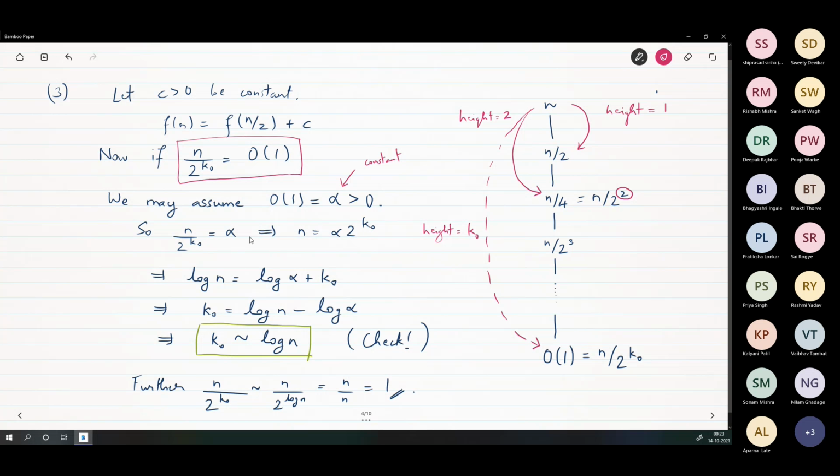So log n is log alpha plus k naught times log 2 to the base 2, which is equal to 1. We are working with log to the base 2, so that's why I didn't write that. So k naught is log n minus log alpha. But log alpha is also a constant because alpha is a constant.